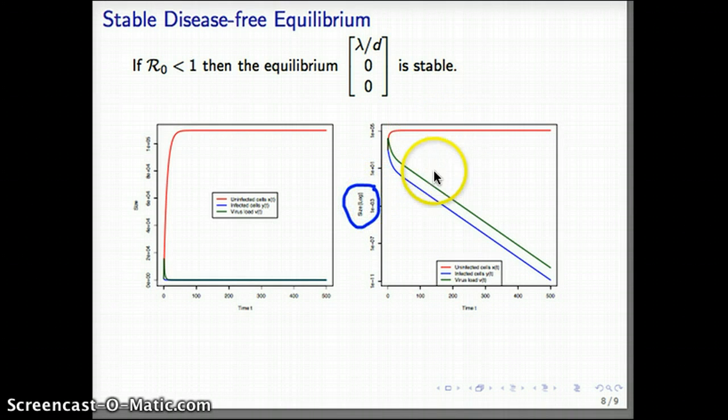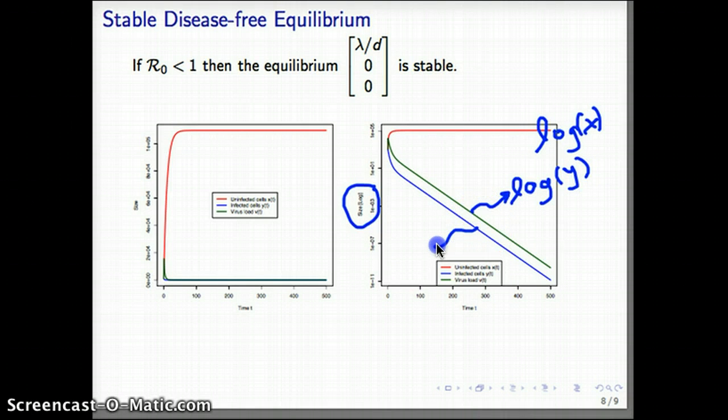The red curve is x of t, so this would be the natural logarithm of x, and this curve in the middle is the logarithm of y, and then the other curve would be natural log of v. Okay, so that's the same values but displayed on logarithmic scale.